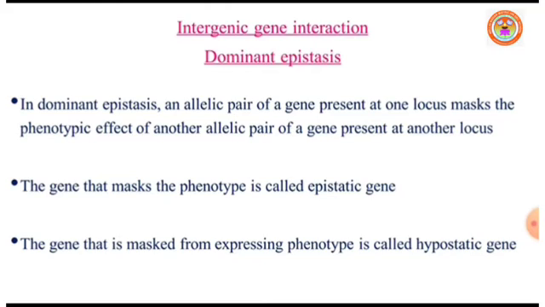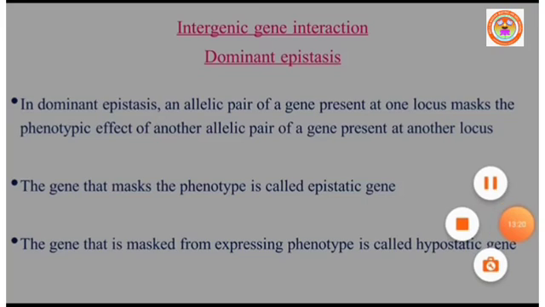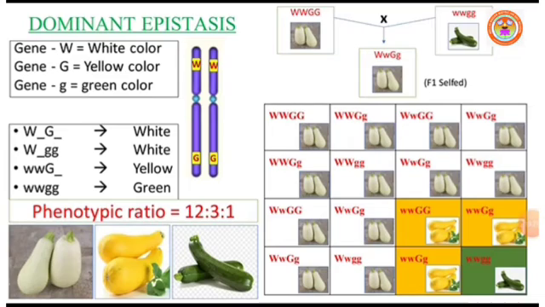Here you can see the slide on dominant epistasis. In the summer squash plant, the fruit color locus has a dominant allele, capital W. The three colors of summer squash fruit were controlled by particular genes.